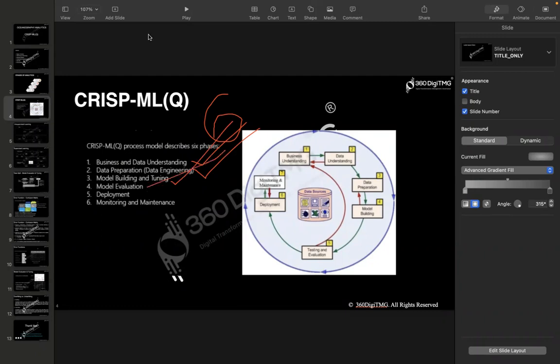Later on, we have model evaluation. So how a model will be evaluated in data science through CRISP-ML(Q). Then we have deployment, how a model will be deployed in data science. Then we have monitoring and maintenance. So these are the 6 stages of the CRISP-ML(Q) process. We will learn one by one all these things.